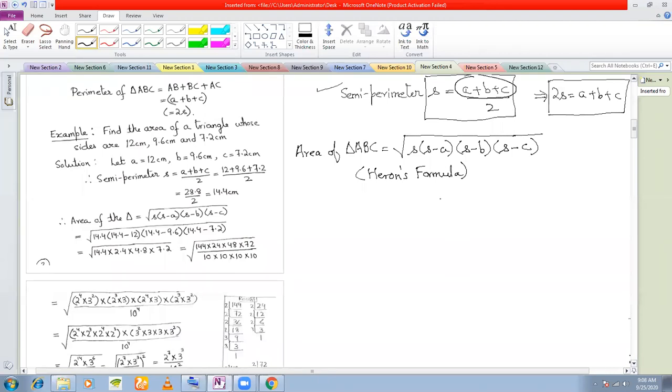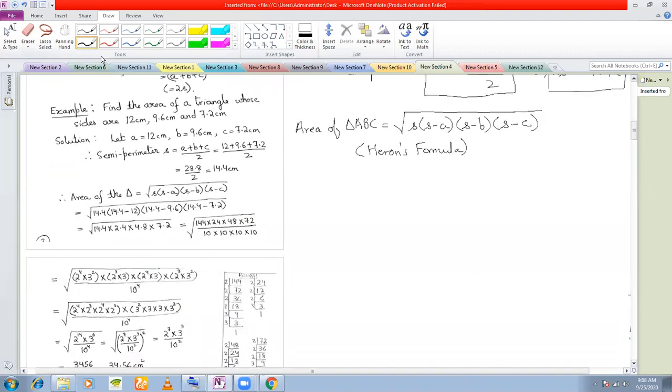The question is, find the area of a triangle whose sides are 12 centimeter, 9.6 centimeter, and 7.2 centimeter. So let us draw the triangle. Example.